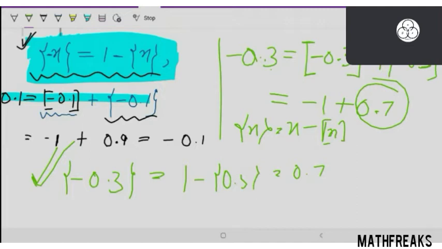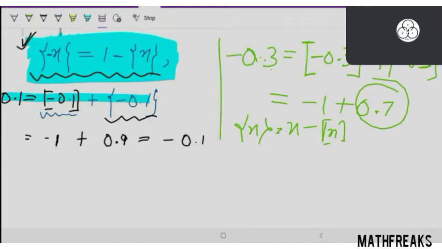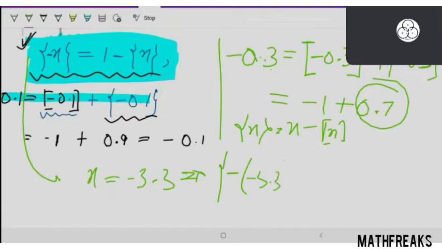Now we will see whether this is true for negative numbers also. The formula is this: put x equals minus 3.3. Let us see. Box of minus 3.3. You just see 1 minus curly of 3.3.